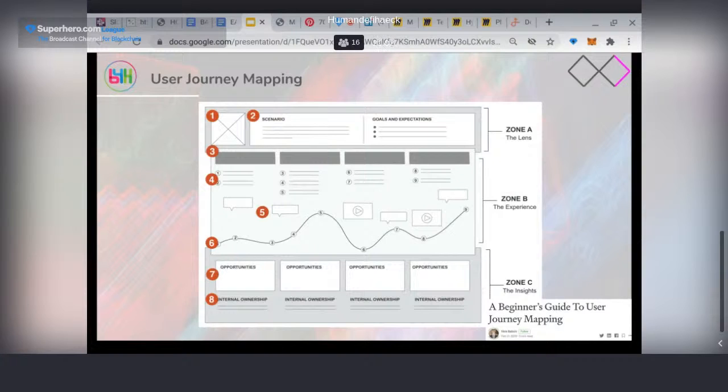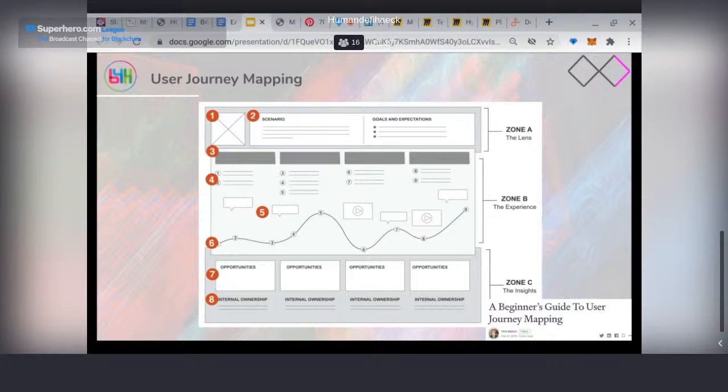We need also to understand how to make a sequence of these user stories and transform different user stories into a user journey. Okay, what will be the user's experience from the very beginning till the end of that?